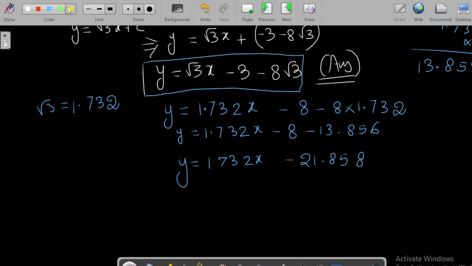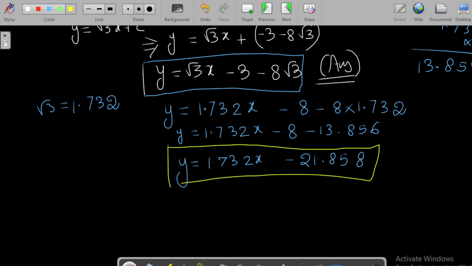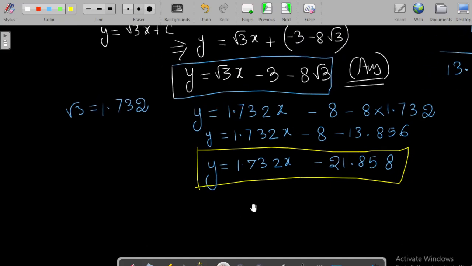This is the equation of the straight line which has angle of inclination 60 degrees and passes through the point 8 comma minus 3.